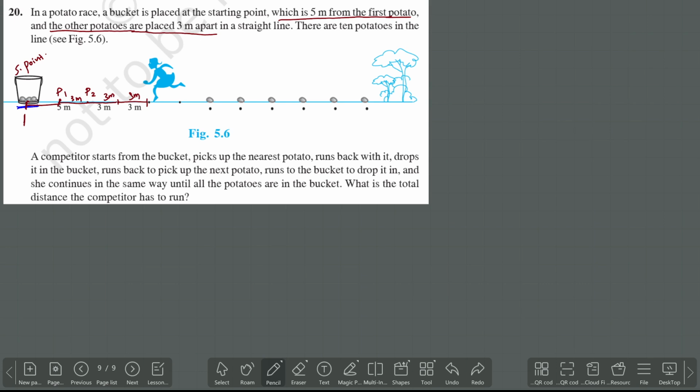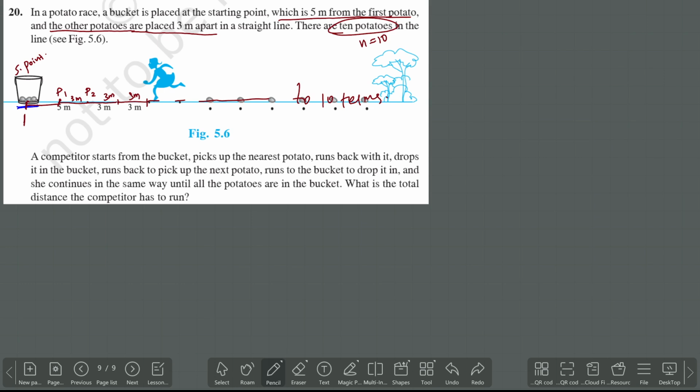They kept some potatoes in a straight line. There are 10 potatoes. That means n value is 10. There are 10, meaning 10 terms. Don't think Sn value is 10, the sum of all potatoes. Don't think like that. There are 10 potatoes, it means we have 10 terms. n value 10. Understand? In the line, it's going to 10 terms or 10 potatoes.